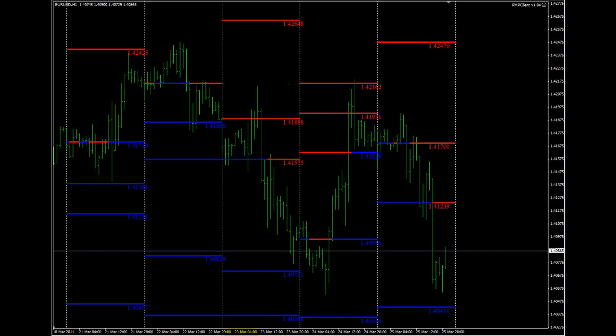Now, what I'd like to talk about next is exactly how does Price Master Pro determine these levels that you're looking at: blue as support, red as resistance. So the first thing that it does, it determines all the available swings. And what do I mean by swings?